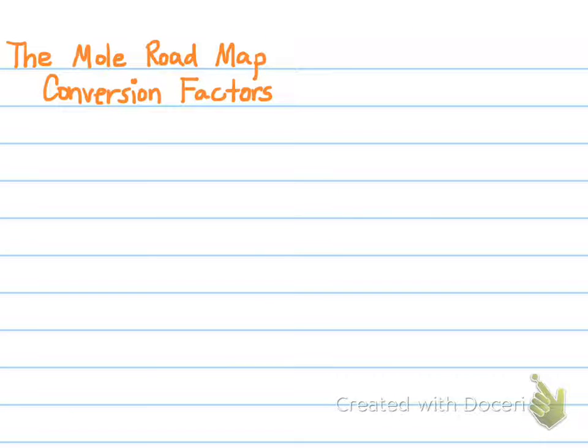So the last thing in this section is a mole roadmap, and we're going to review the conversion factors you have. The first ones we talked about were for counting, because that's one of our ways of measuring matter. When we count, we're talking about representative particles, and we're going to use Avogadro's number.